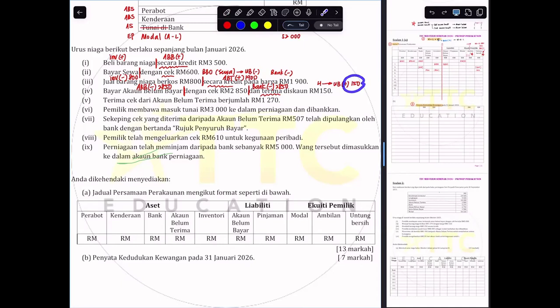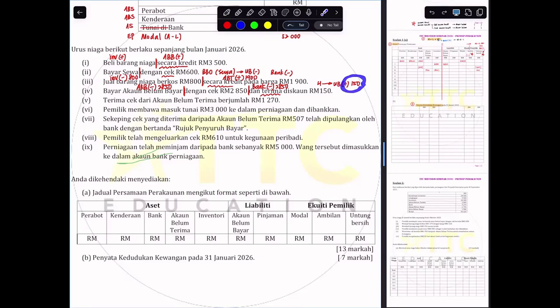How to make sure the same? Every figure needs to be recorded once or twice. No matter how, I still need to make sure left and right hand side, debit, credit, are the same. Every figure I have to record twice. So this 150 I also need to record twice.